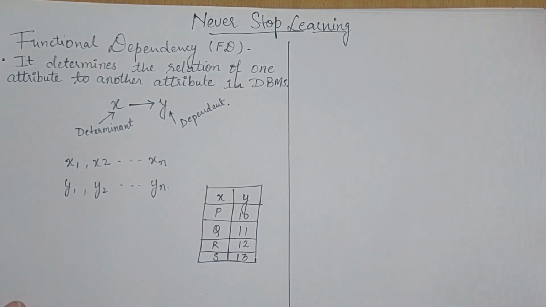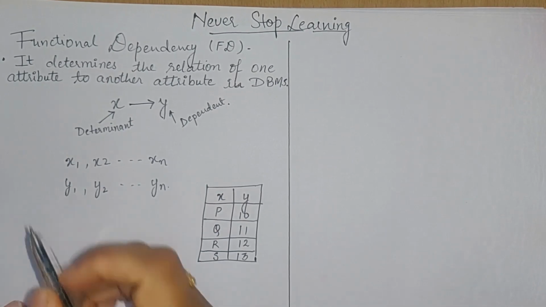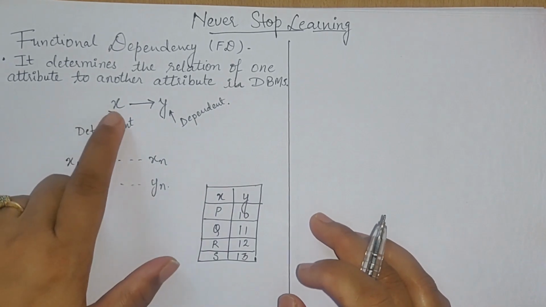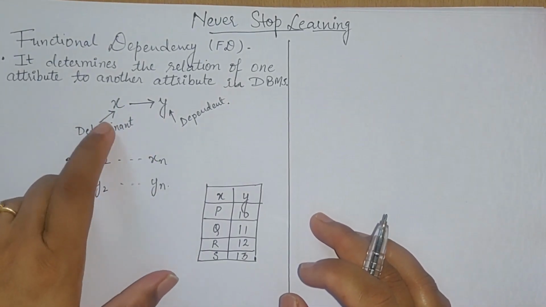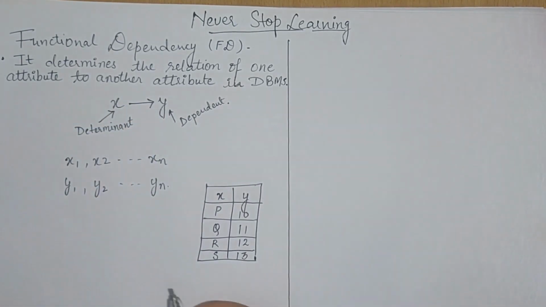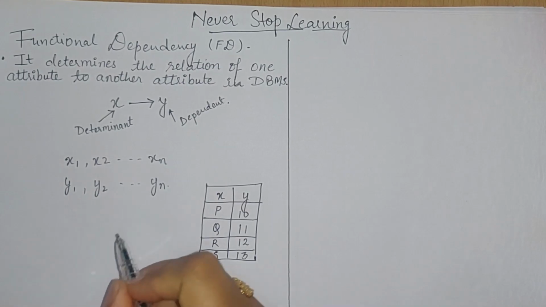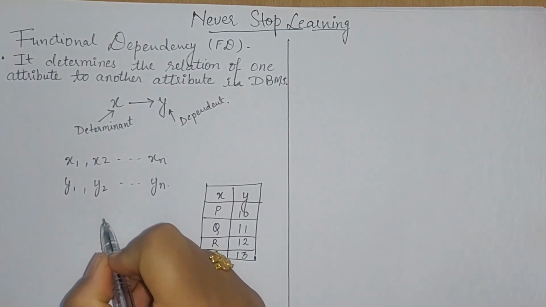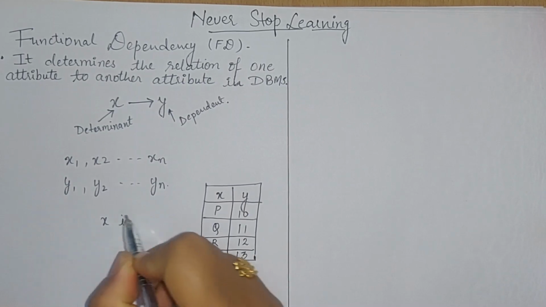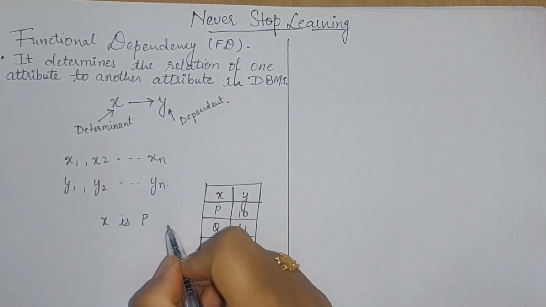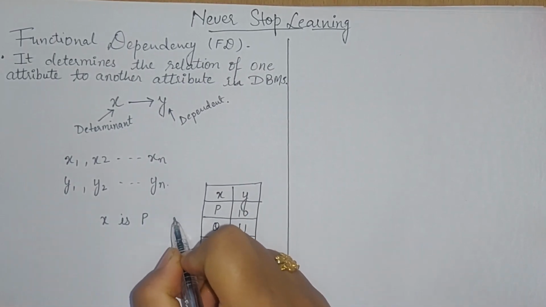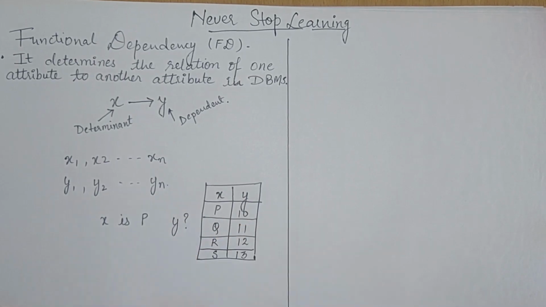Now if I ask you, there is a functional dependency from x to y, that means x determines y, and right now at this instant the value of x is p. Can you tell me what is the value of y in this case?